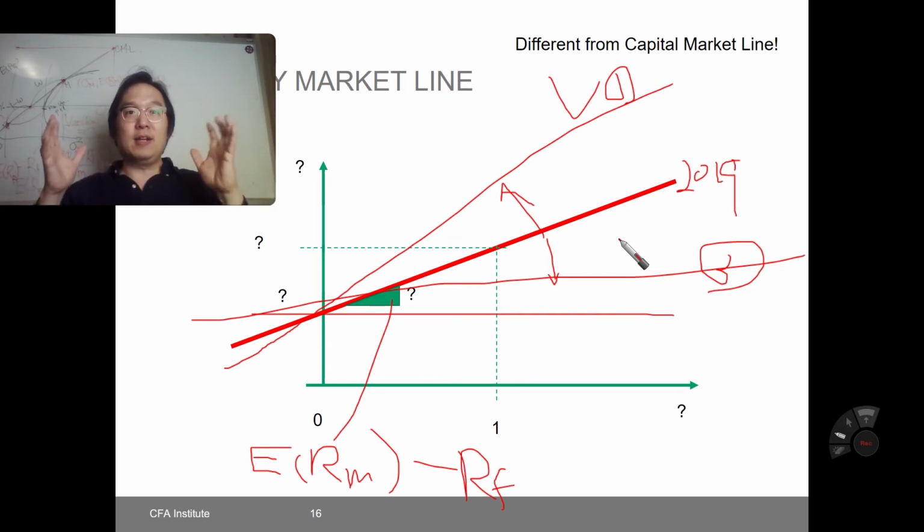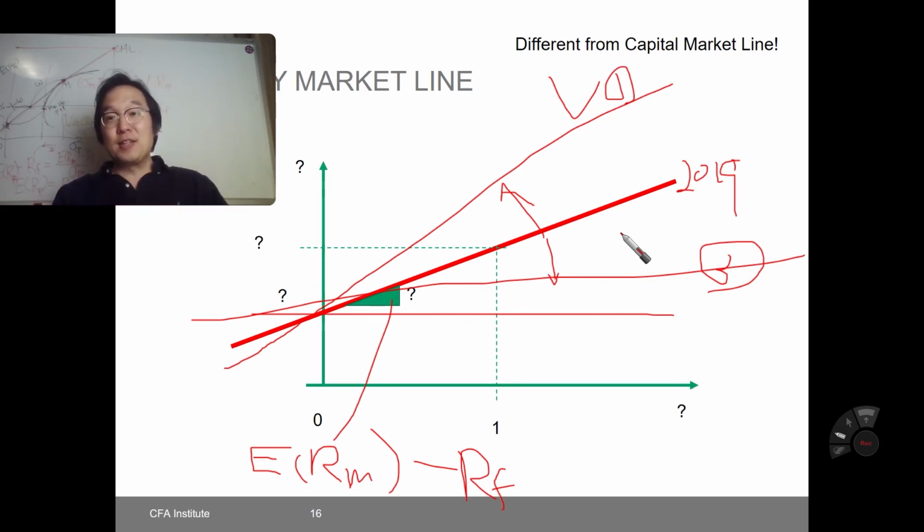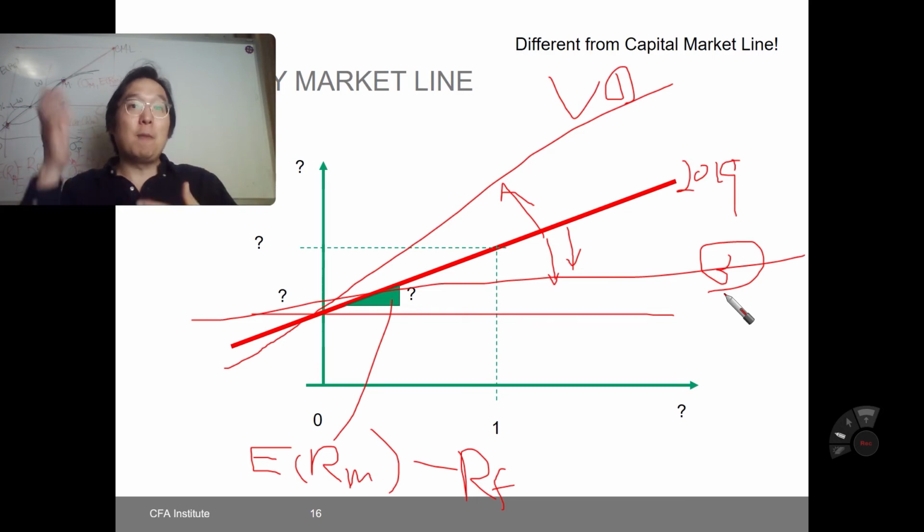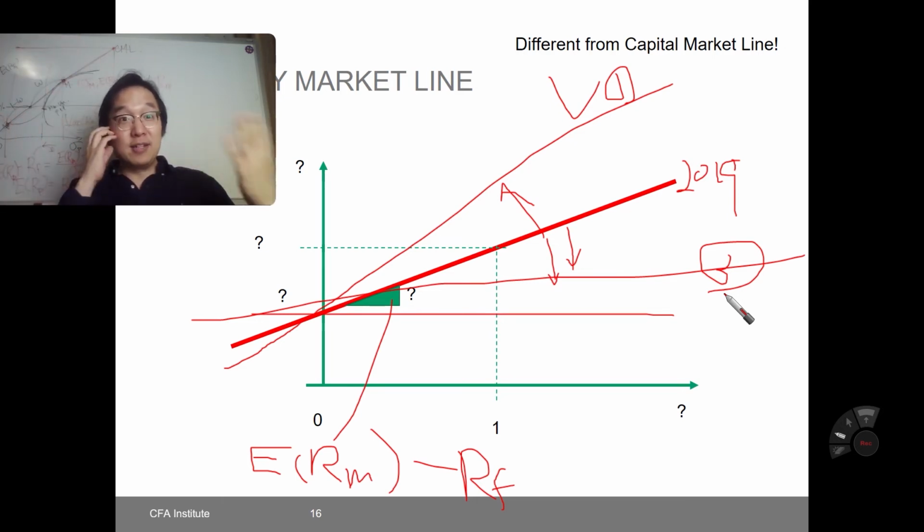There, the security market line would be less steep, like 2. Investors are more willing to jump onto the bandwagon. That's the intuition. And this security market line should be a living thing that is moving, okay?